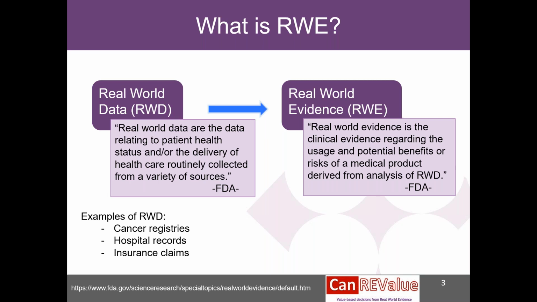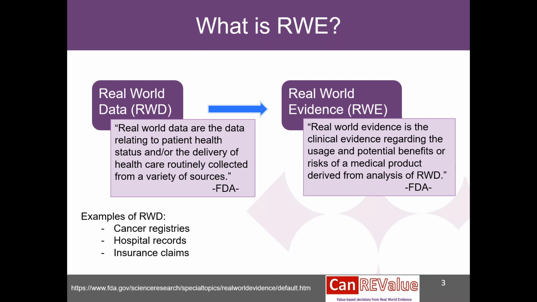Not uncommonly, for those jurisdictions that have the ability to link different databases, often they would try to link up different databases, including cancer registries and hospital records and insurance claims, to come up with a bigger data set, which allows for analysis. And with that, then we generate evidence from the data set.